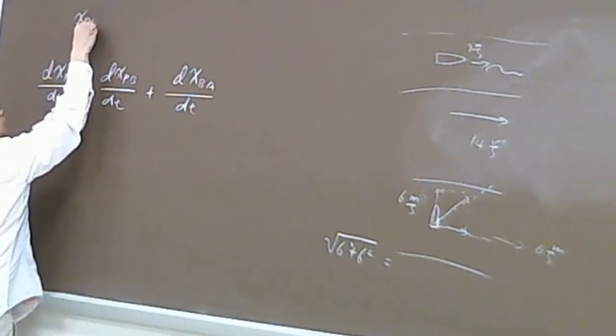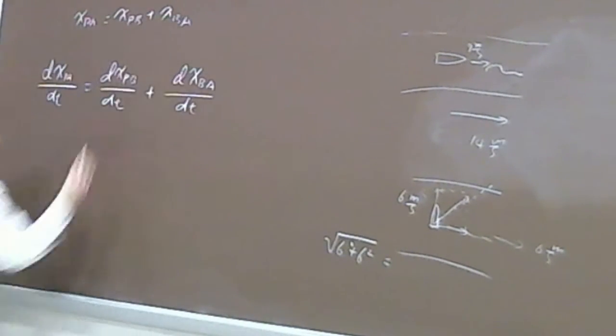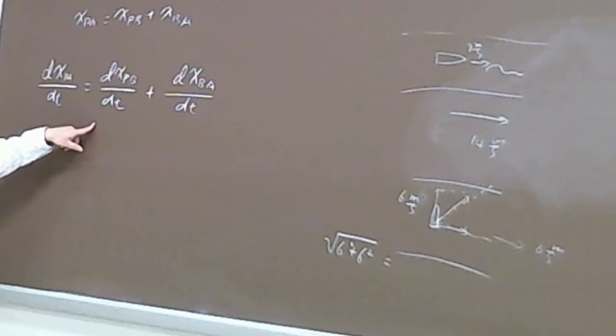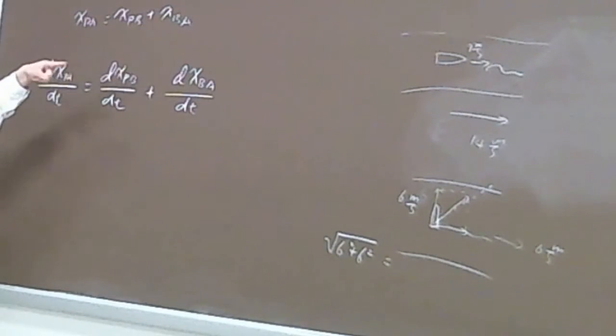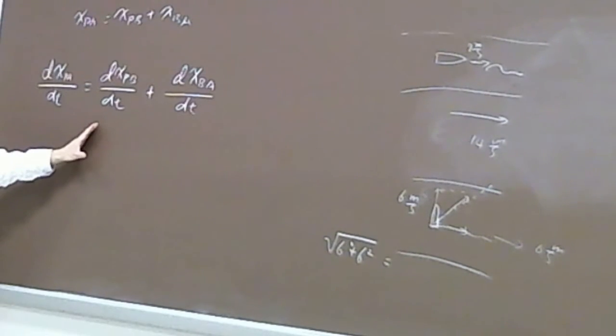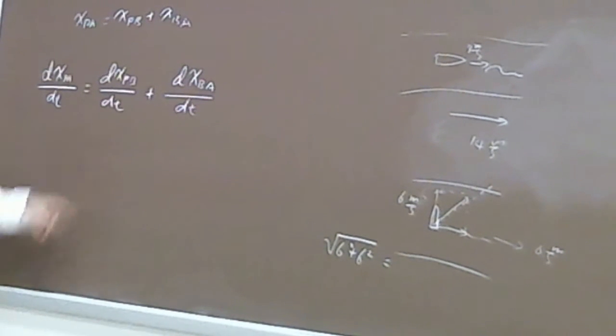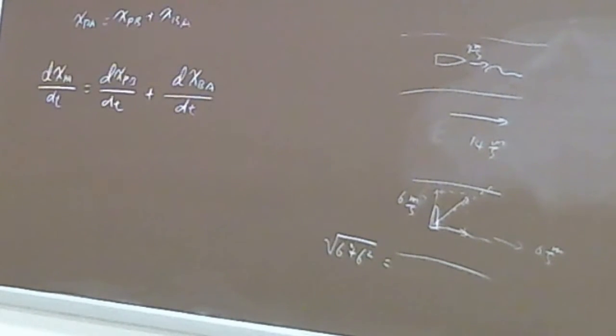If you have xPA equals xPB plus xBA, and then take the derivative with respect to t, you get this. Of course you can do that because t doesn't depend on the reference frame. You always have the same time in different reference frames. So this means that the simple addition rule is actually a result of the independence between space and time.